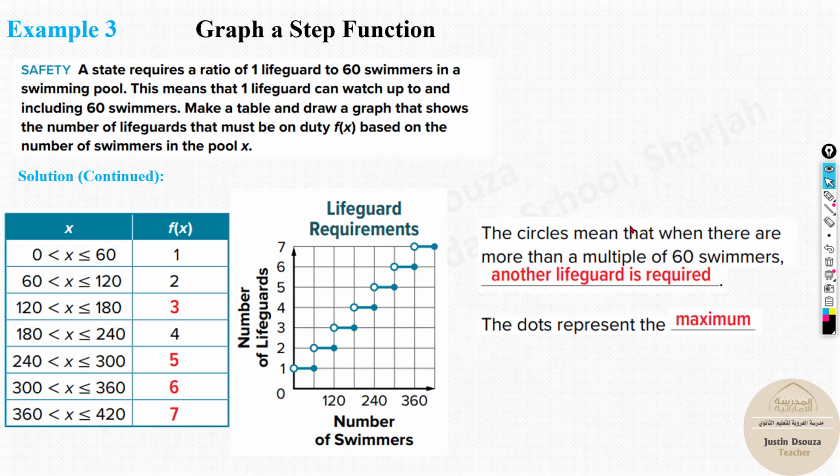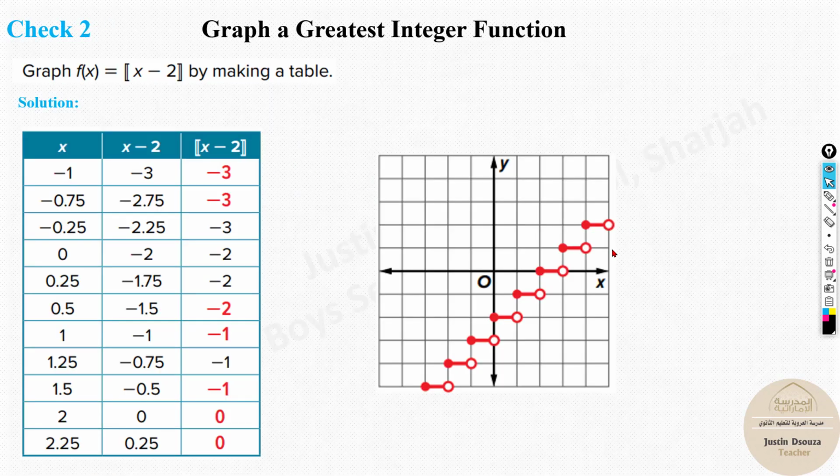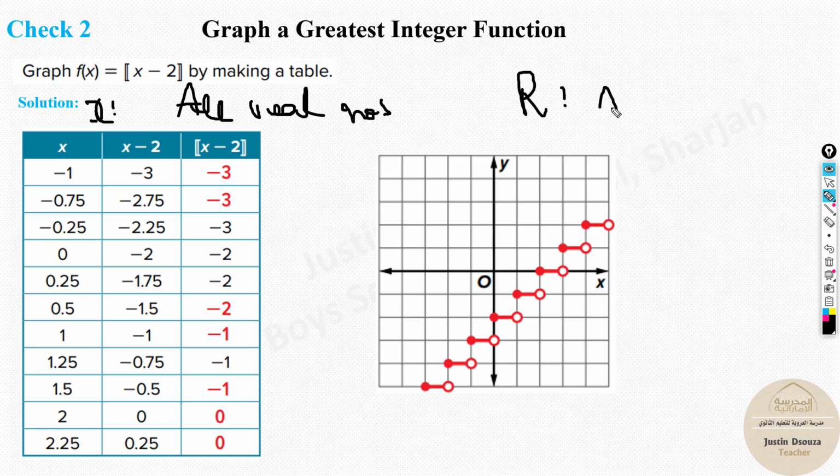Now, for example, here in the earlier function where we graphed, this is just a function. Here the domain is all real numbers. Domain is the x values. It's all real numbers. But what about the range? Range, I will write, is all integers.